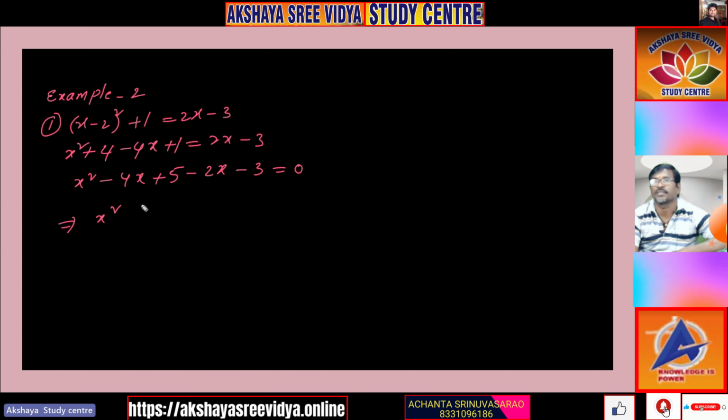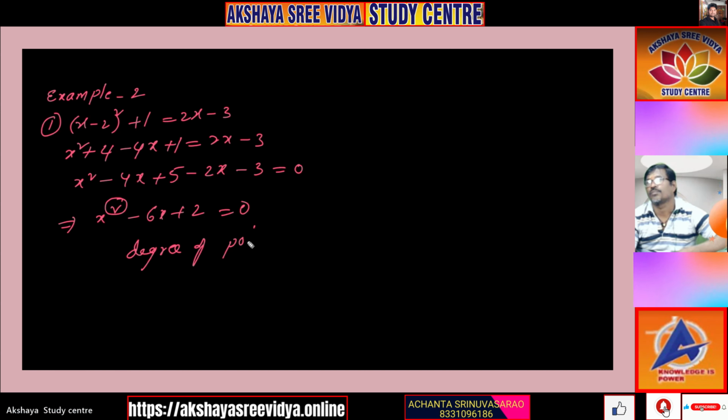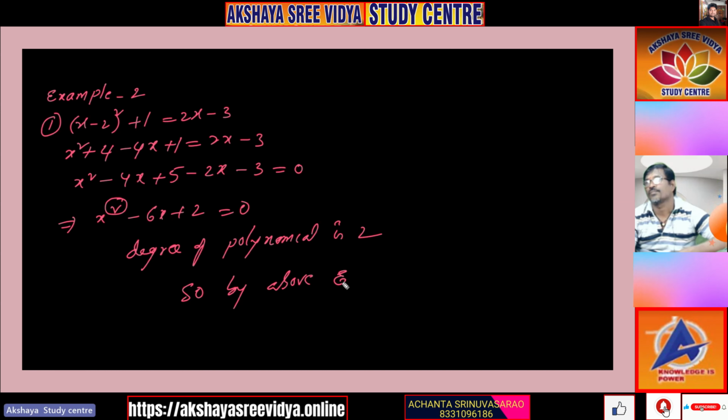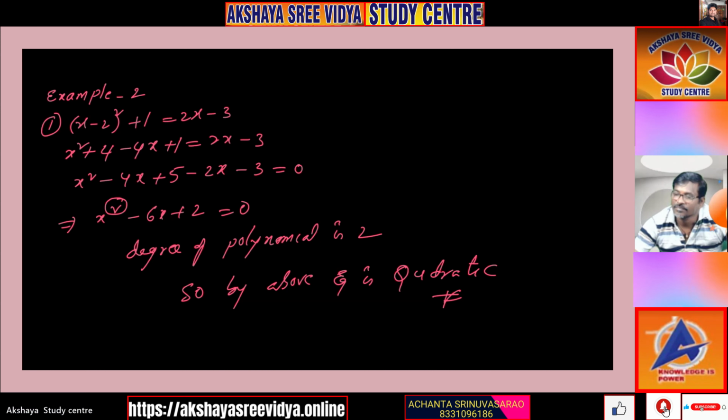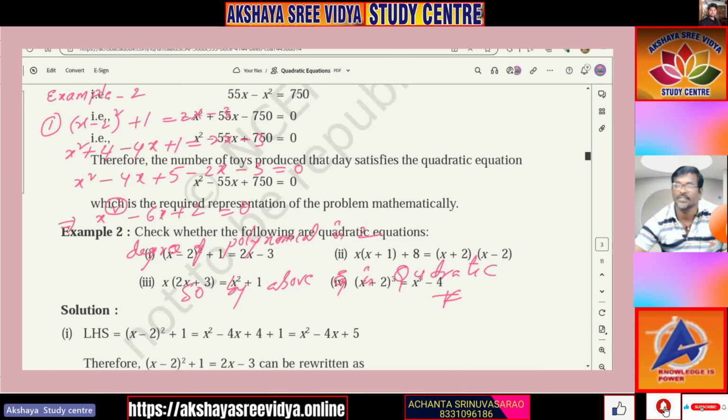This implies x square minus 6x plus 8 is equal to 0. The highest power of the variable, the degree of the polynomial, is 2. So the above equation is quadratic.